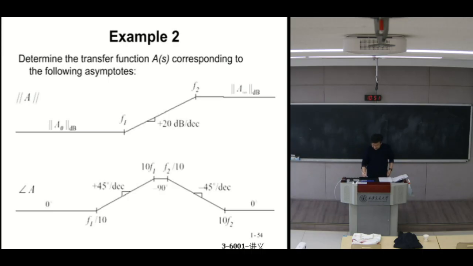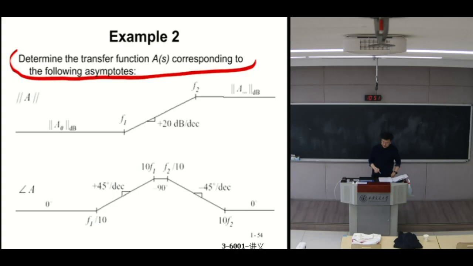Okay, here is an example. How to determine the transfer function corresponding to the following asymptotes of the transfer function Bode plots. For example, the magnitude Bode plot is in this way. At low frequency, it has a magnitude of A0 dB.